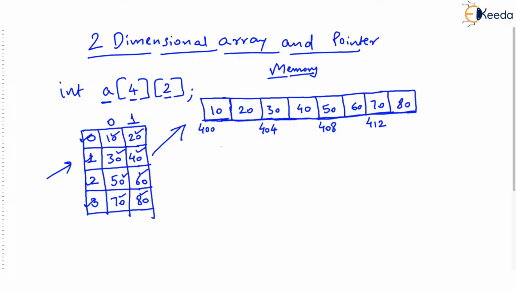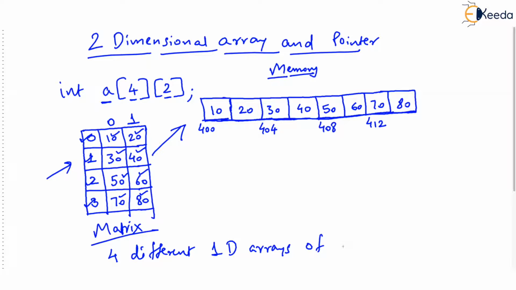And what you have to understand about a two-dimensional array is that this two-dimensional array is in fact four different one-dimensional arrays of 2 elements each. You can just check. This indeed is a separate one-dimensional array.